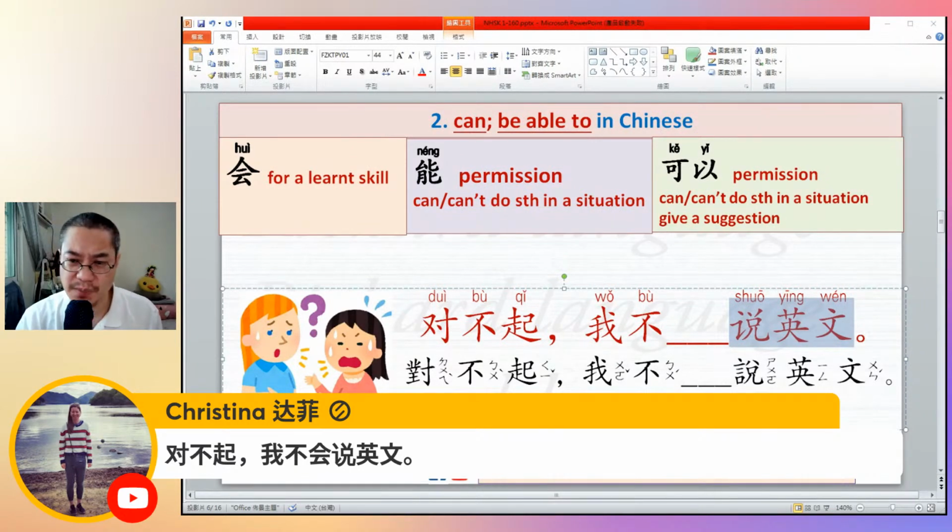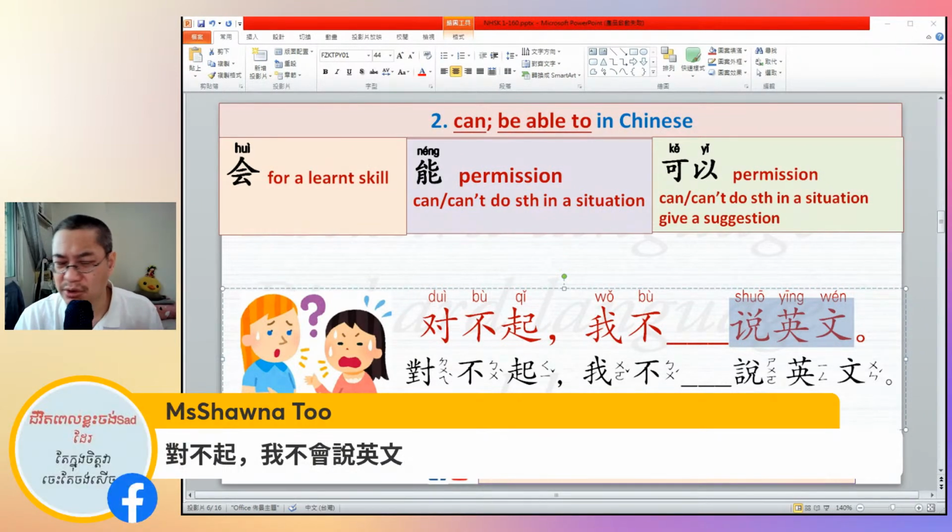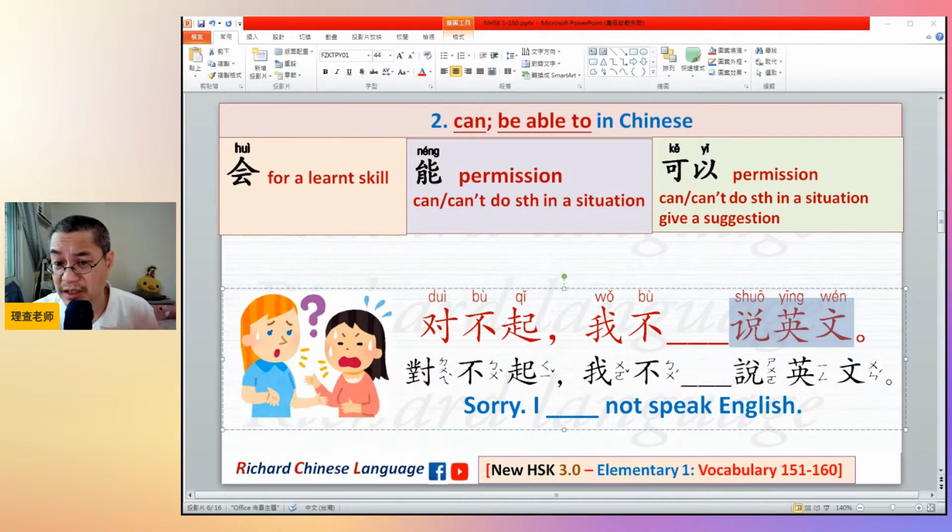Okay, I don't speak English. 对不起我不会说英文。Okay, the answer is 会, right?